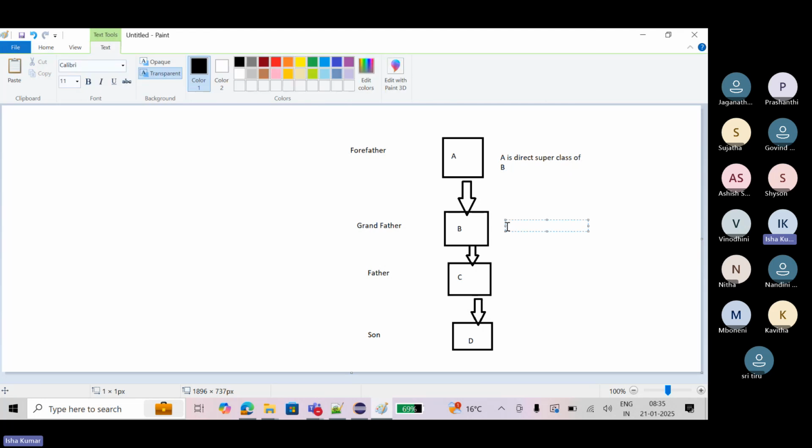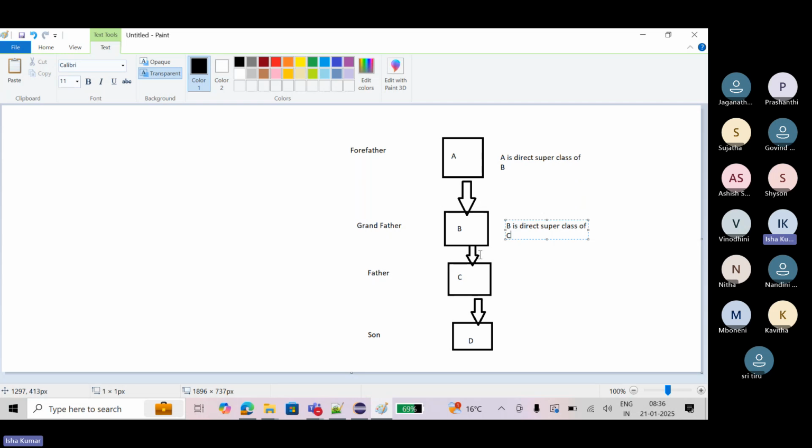B is a direct superclass of C or not? Direct means no one is in between.